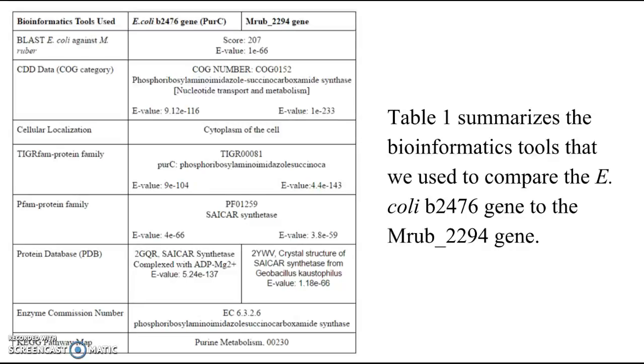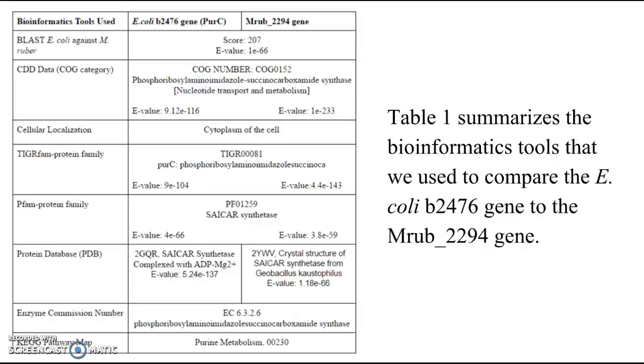As you can see with the CDD category, the COG number and name are both identical for the genes. They are both located in the cytoplasm of the cell. The TIGRFAM protein family and PFAM protein family names and numbers are identical. However, the PDB showed a difference between the two genes. There is a difference in name and numbers.